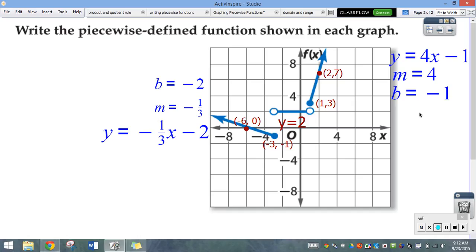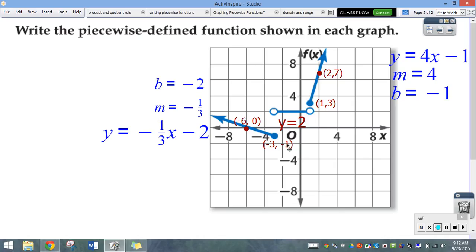To find domain, we need to look left to right. And the thing to remember is this is 3 pieces. So that means I'm going to have a left piece, a middle piece, and a right piece. And so the left piece is always going to be your less than, and your right piece is always going to be your greater than. And so this left piece travels all the way to negative 3. And so that means that my domain is going to be less than negative 3.